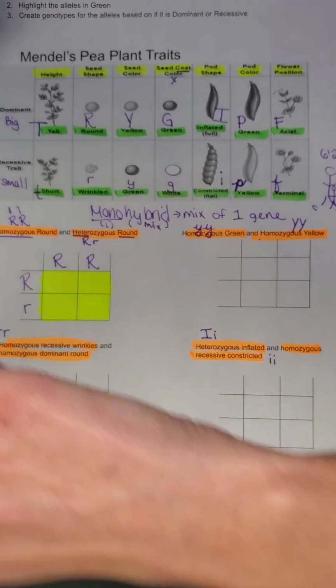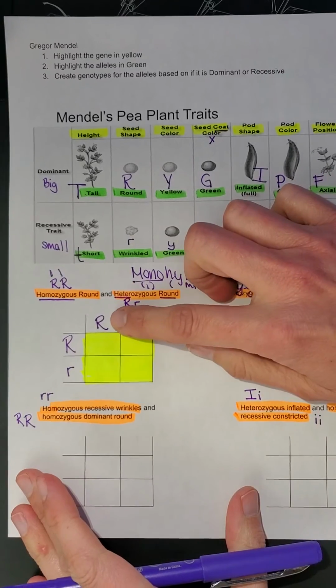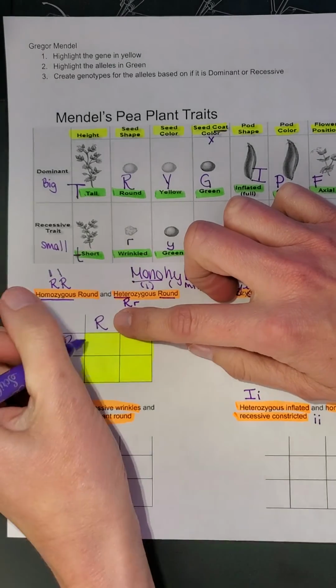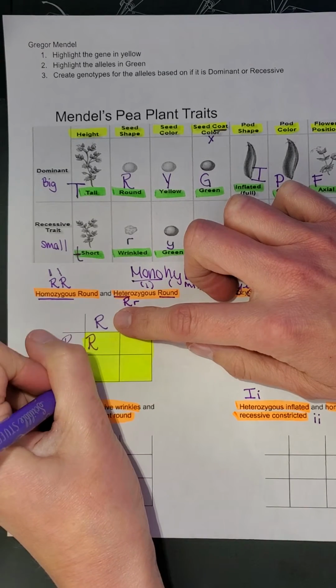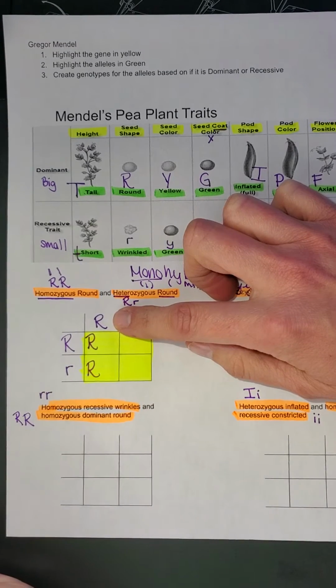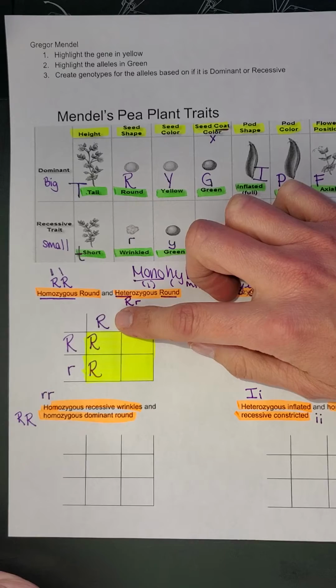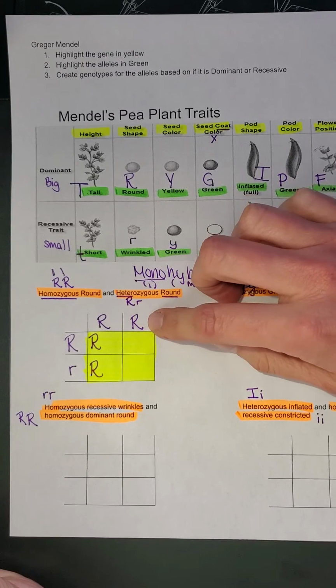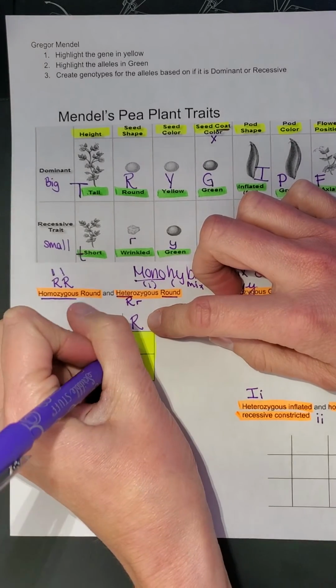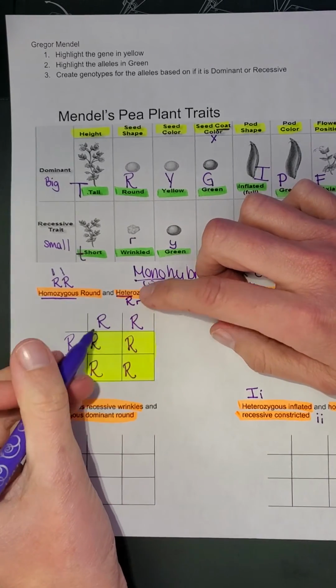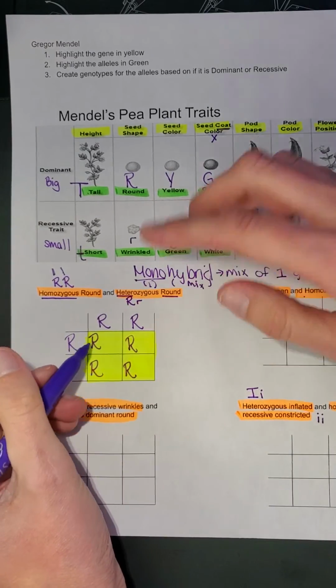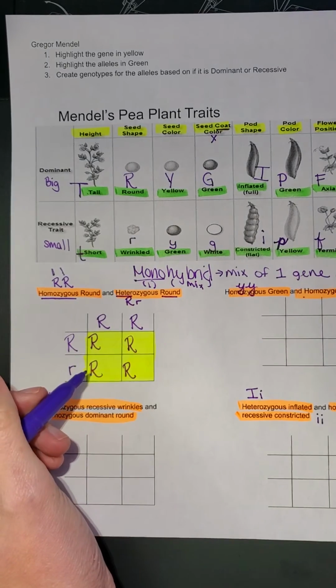So if the mom gives a big R, then this baby's going to get a big R, and this baby could get a big R. Or the mom could give this one a big R and a big R. So notice that this mom, they're going to give a big R no matter what.